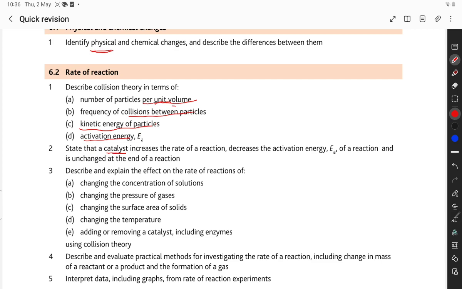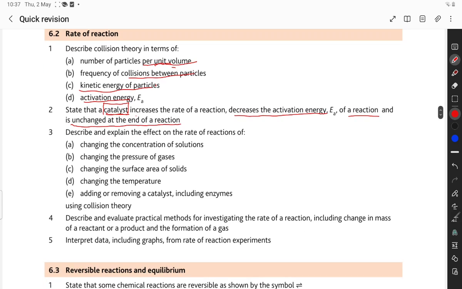What is the effect of a catalyst on rate of reaction? A catalyst increases the rate of reaction, decreases the activation energy of a reaction, and is unchanged at the end of the reaction. Please write it like this. You can write: increases the rate of reaction by lowering the activation energy, without being used up, and is unchanged at the end of the reaction.